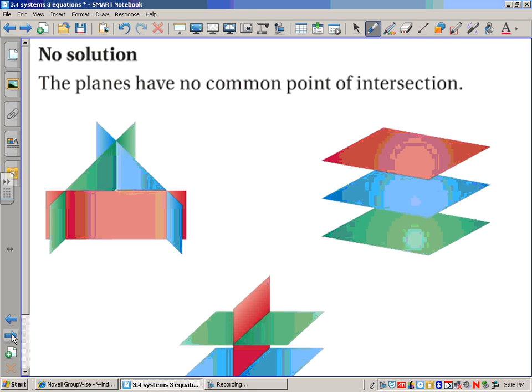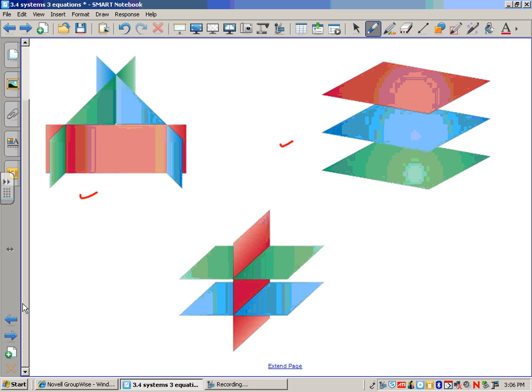They could be one like this where 2 meet in one line, another 2 meet in a different line, and another 2 meet in a different line. You could have 3 parallel lines in space that never meet. You could have 2 parallel and one that's intersecting both of them. These would be no solutions.